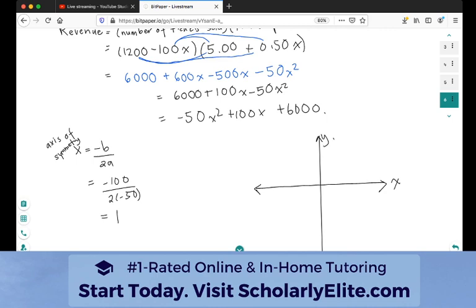So if we're thinking about this in terms of how this is graphed and how it all looks, obviously we want to know what the maximum profit is, because that's part of it as well. But most importantly, the question really asked us, what ticket price will maximize profit? Well, in this case, we know that the maximum profit occurs after one increase in the price, and that increase obviously is going to be 50 cents. But let's first take a look at that.